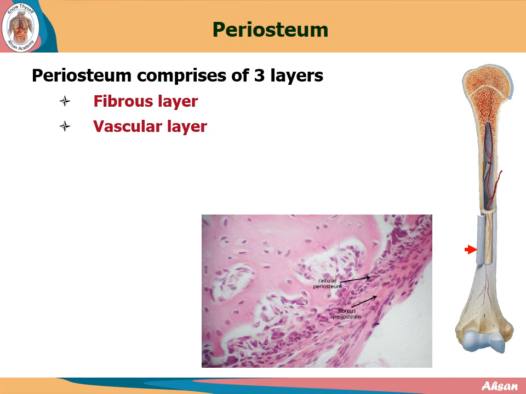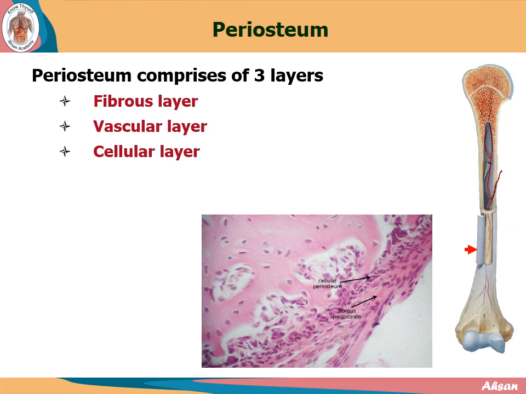The middle layer is vascular, meaning blood vessel concentration is more: capillaries, very minute blood vessels making a plexus there. The innermost layer is cellular, meaning bone forming cells, or progenitors of bone forming cells, are there. That's why they perform different functions.